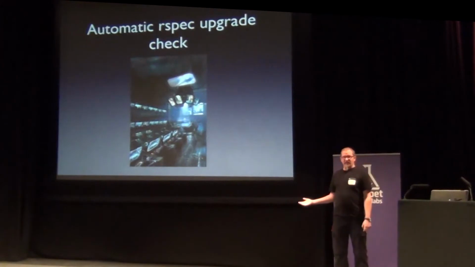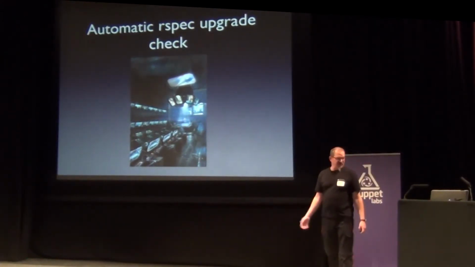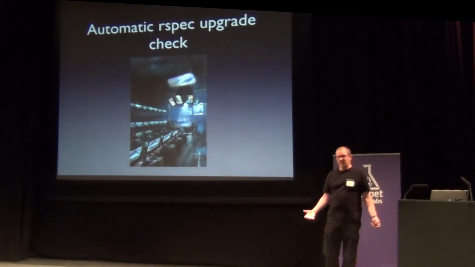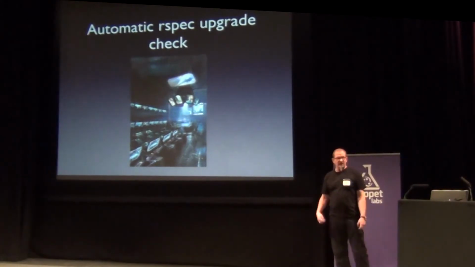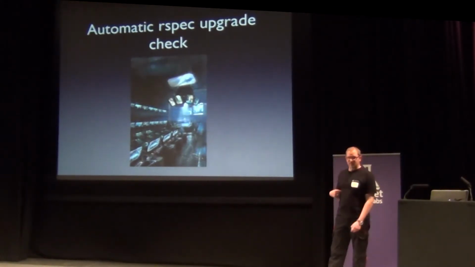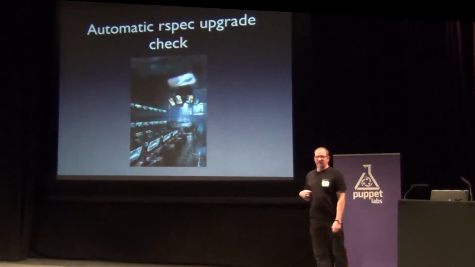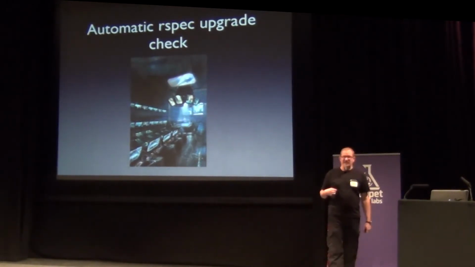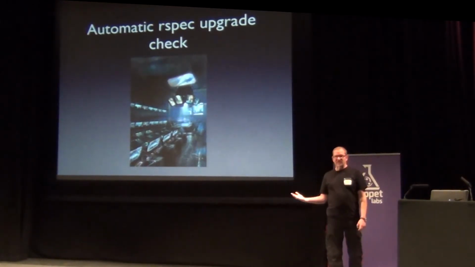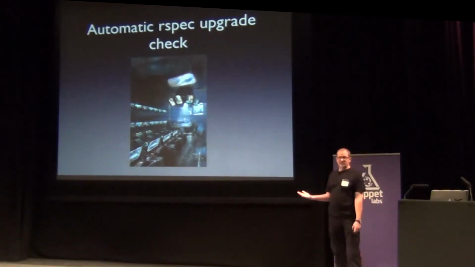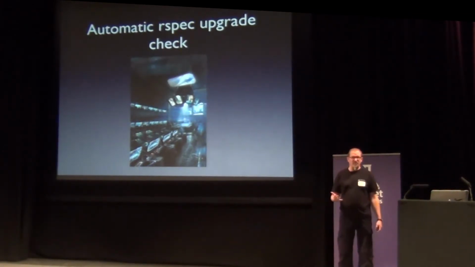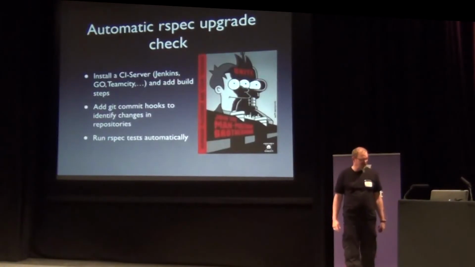When you have that manual rspec-puppet test, you can also automate it. And well, Puppet is about automation. I like automation because I'm a system administrator and I don't like work. I want to do interesting stuff. When I have to do something manually five times, I say no, this is not what I want to do. So I do it one time only and then have automation in place.